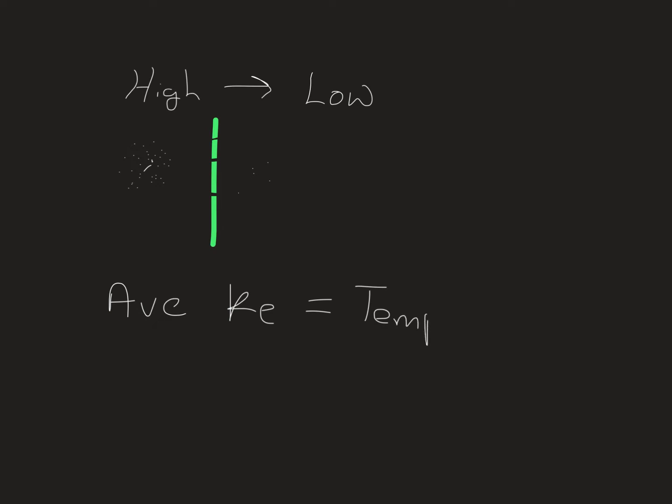Because nothing is ever standing still, because nothing's at absolute zero, which would be the only way to get something to stand still, you're having movement, and that movement means that particles move from one side to the other, from high to low, without any added extra energy. Do they have energy? Of course they have energy, because if they didn't have any energy, they wouldn't move. Energy, by definition, is the stuff you need to move.